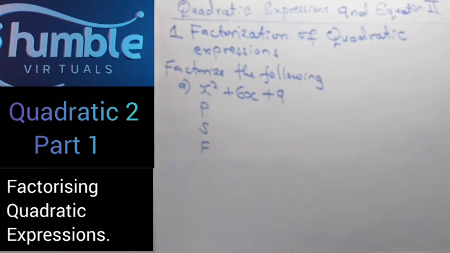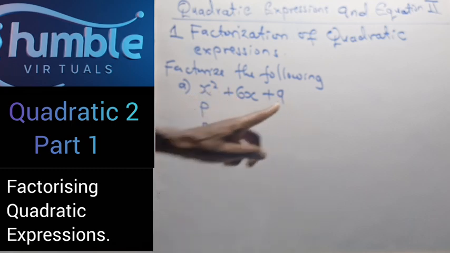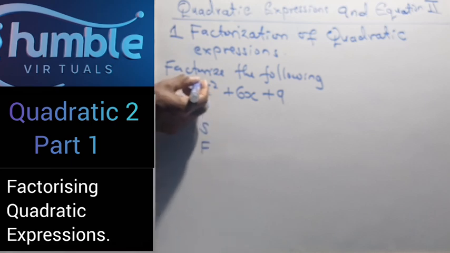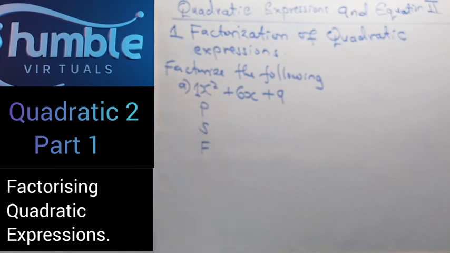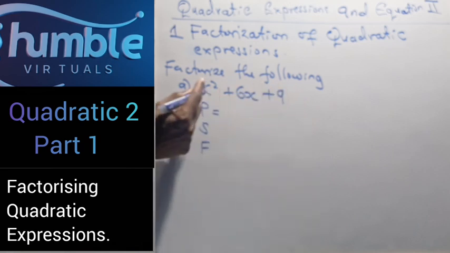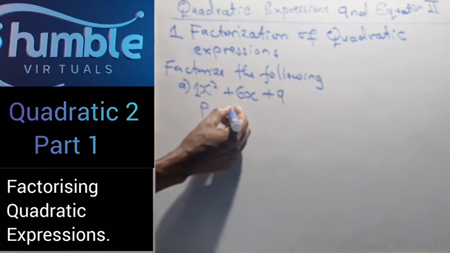Normally, quadratic expression is written in the form of ax squared plus bx plus c. So product is normally a times c. So therefore, in this case, our a is 1, so we are not writing, and then c is 9. So product is going to be 1 times 9, which is 9.